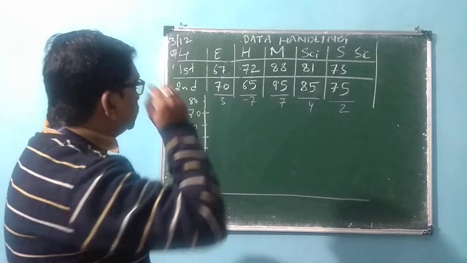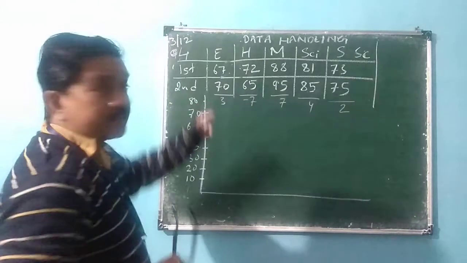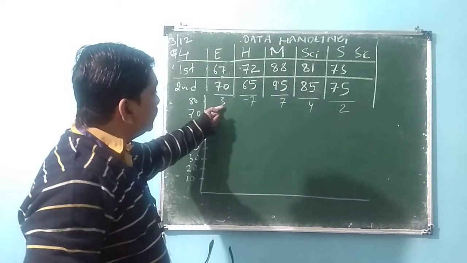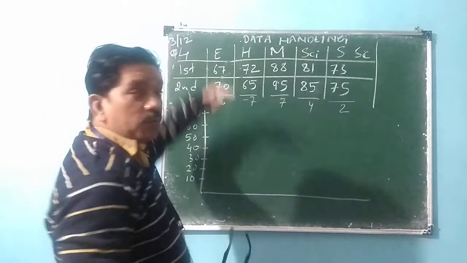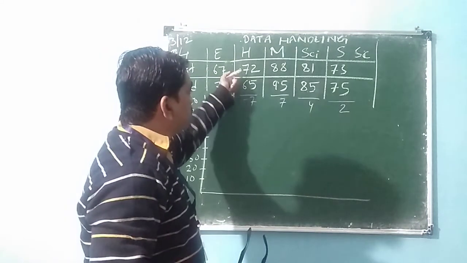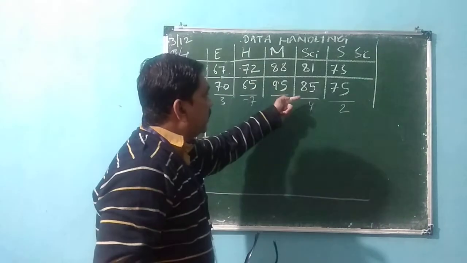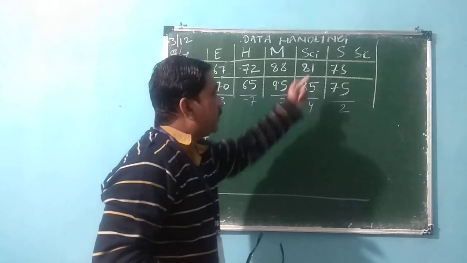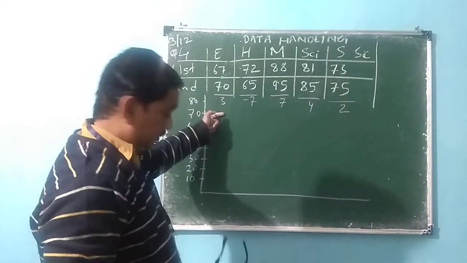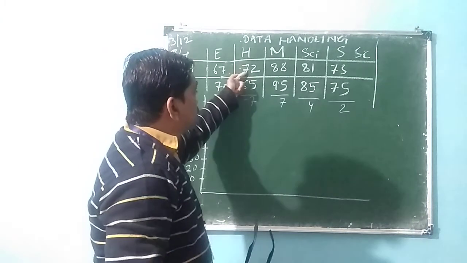Once again, when we subtracted the first term from the second term, we are getting 3. Go the same way: 70 minus 67, 65 minus 72, 95 minus 98, 85 minus 81, 75 minus 73. So 70 minus 67 is 3, 65 minus 72 is minus 7, like that.